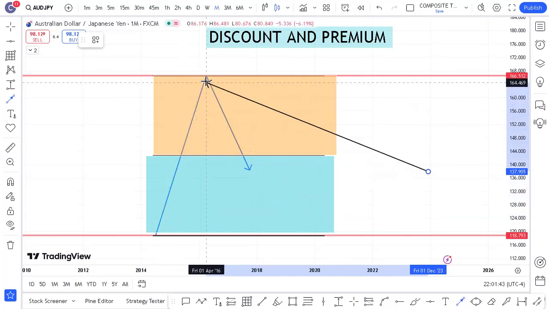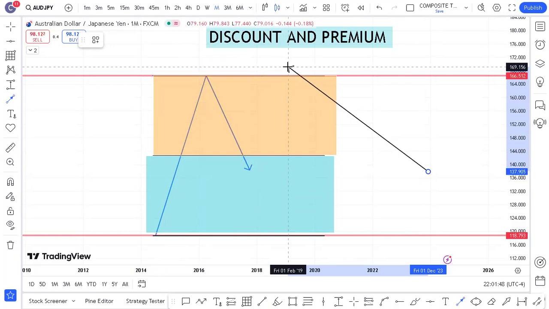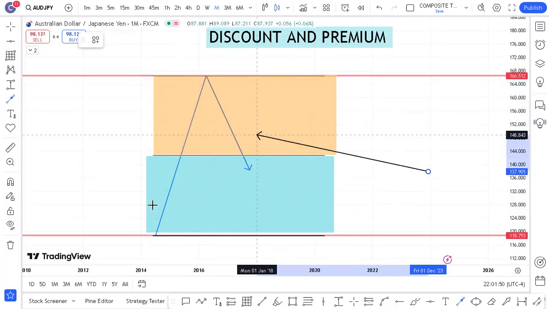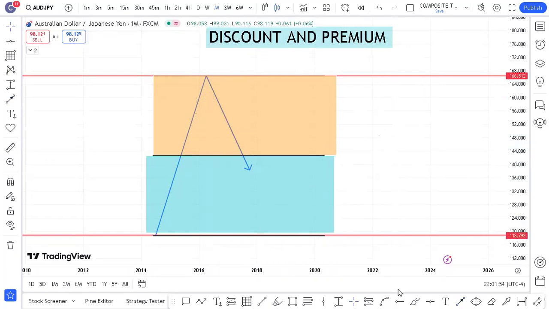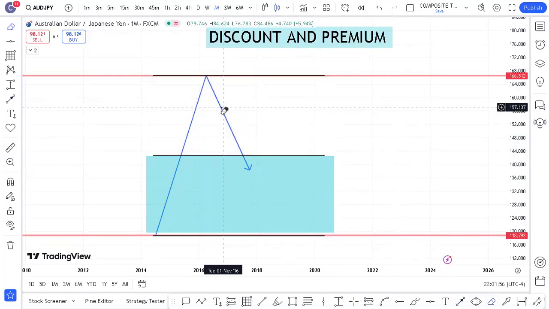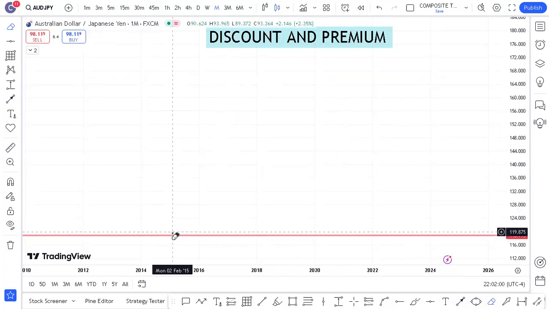Once it goes above into a premium level, it will try to sell into discount for it to continue pushing to the upside. So the moment you understand these levels in the Forex market, things become a little bit easier. First of all, let me just clear this chart and give you one more example.